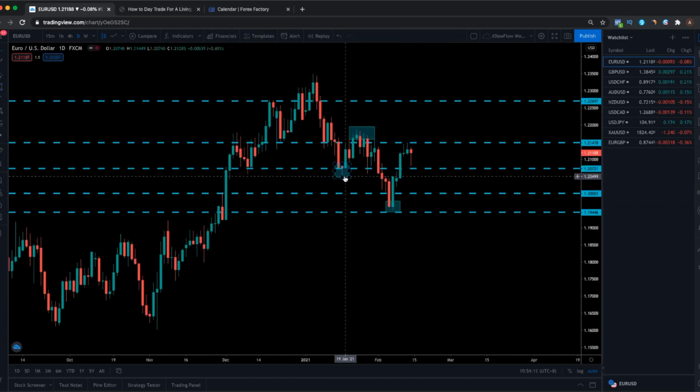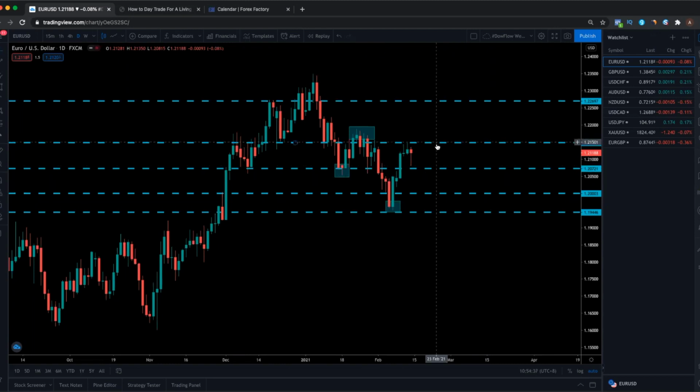You have the low here, the high here, and a lower low. So right now, the immediate trend is a downtrend, and right here we have the resistance, given by this level over here. You can see that price bounced off here. It was resisted, supported, and after that resisted here. So somewhere around 1.2148 is the key level.